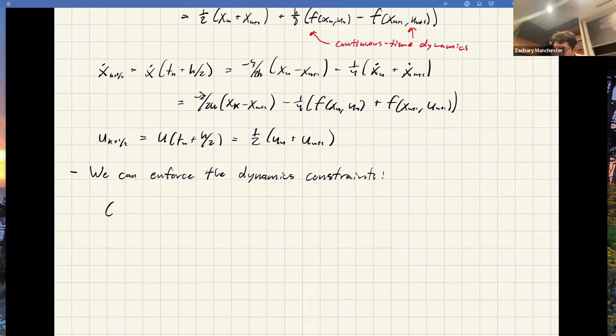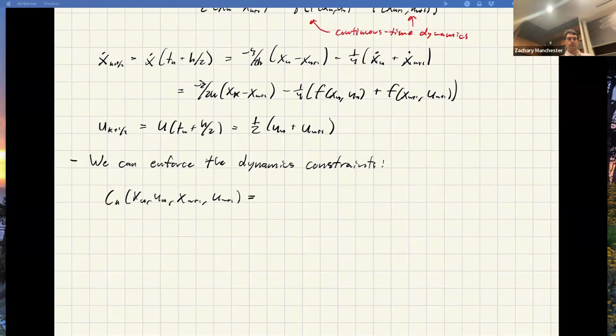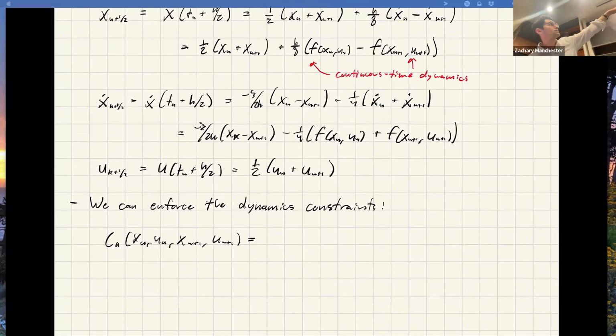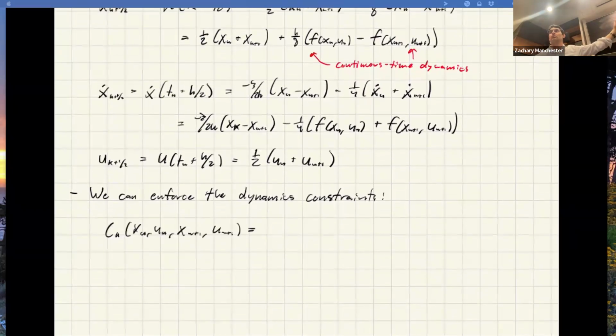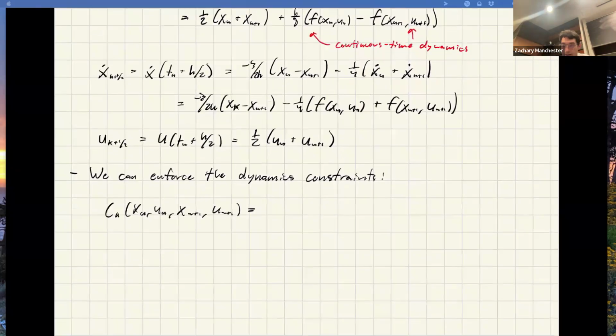So this would be some c_k of x_k, u_k, x_{k+1}, u_{k+1}. And this would end up being, so we have this one here where we have the x dot at the half point. That's also an f, right? So I plug in f for that.